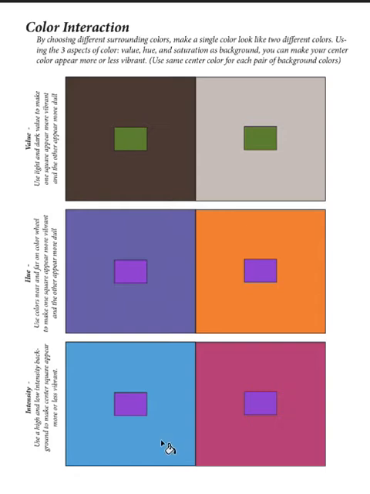Let's see. This one is, now they're both kind of a similar intensity. Let's try making that a low intensity, and what happens to those colors. Kind of subdued that one.